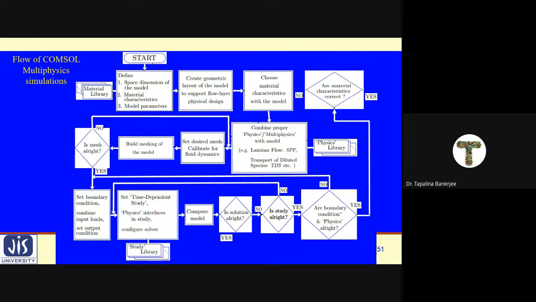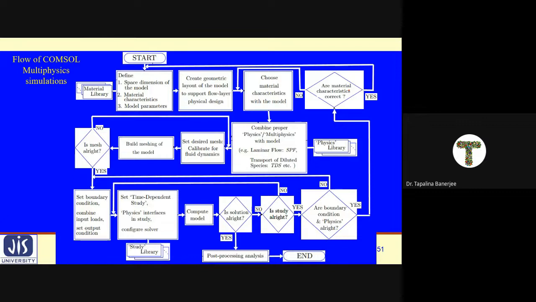Otherwise, we need to check whether there is some problem in the choice of material characteristics. If there is, then we modify accordingly. Otherwise, we start from the very beginning. But if we are getting the perfect solution, then we can proceed to the post-processing analysis.